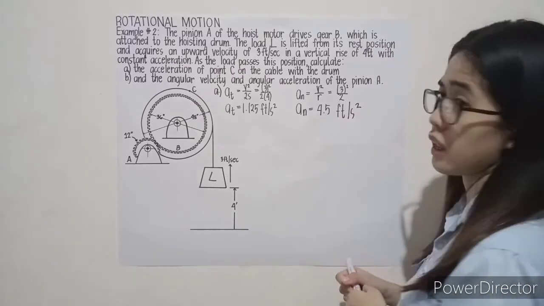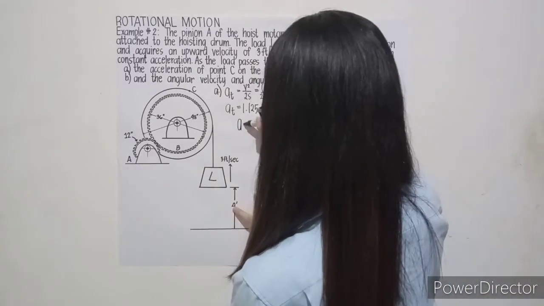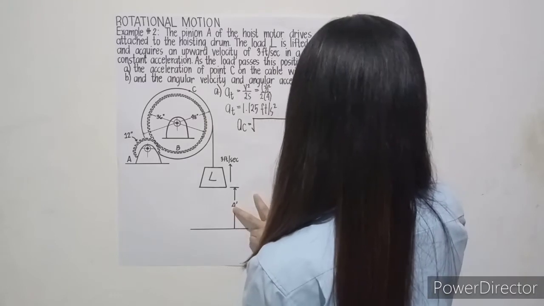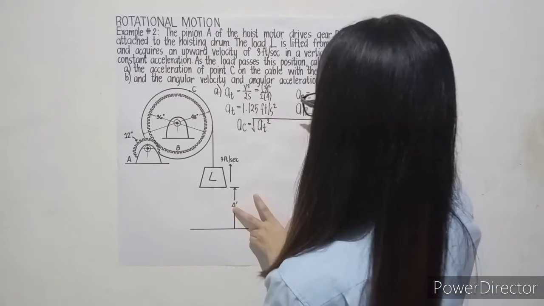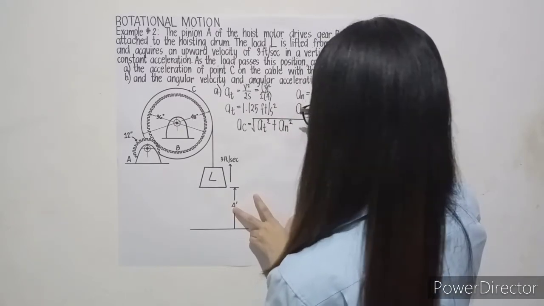So to get the acceleration of point C, we will use this formula. Acceleration at point C is the square root of tangential acceleration squared plus normal acceleration squared.